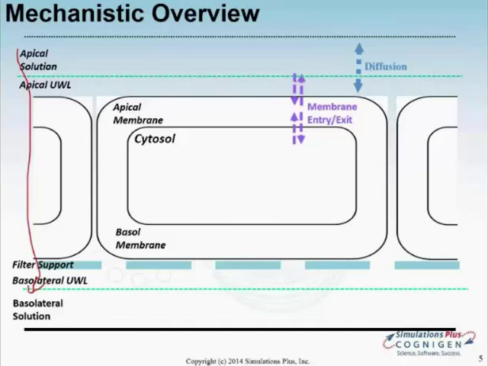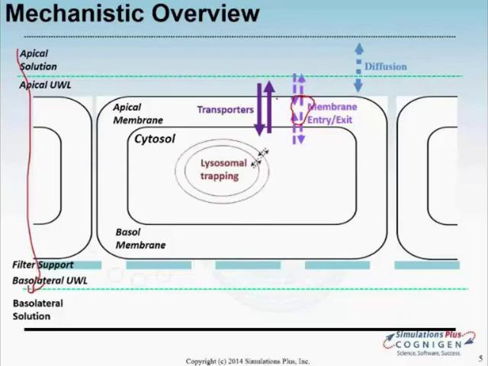And here, of course, we are accounting for the passive diffusion through the cell membrane. So we have models accounting for the drug entering and exiting the cell membrane. And you also have an option to incorporate the transporters, uptake or efflux transporters, on the apical side.